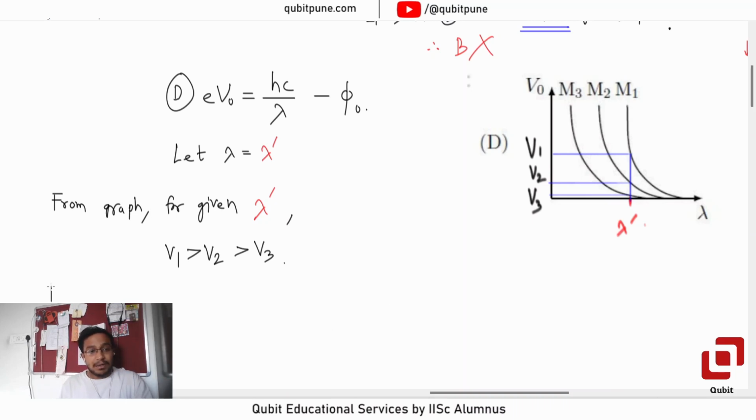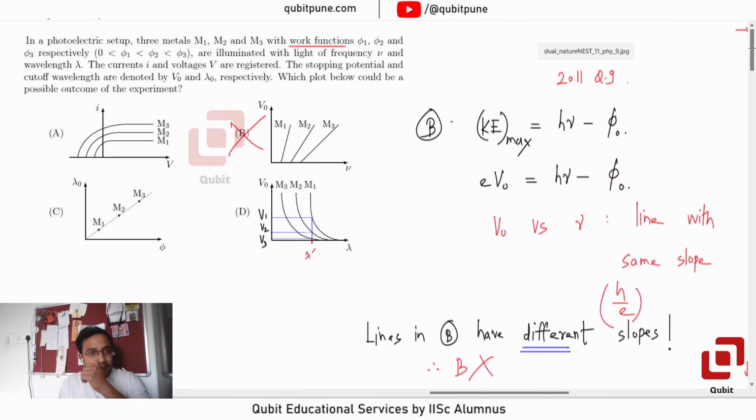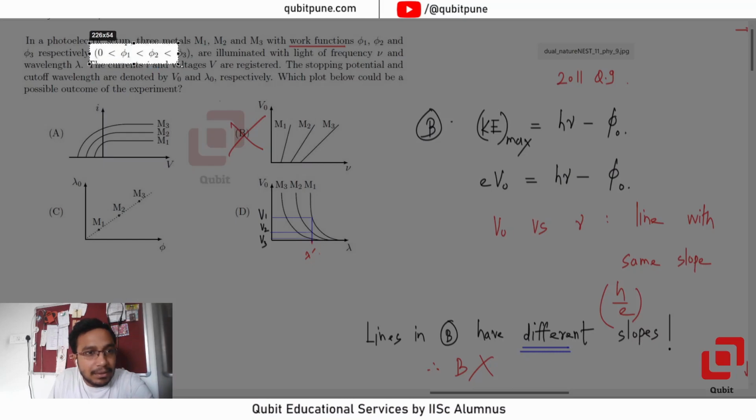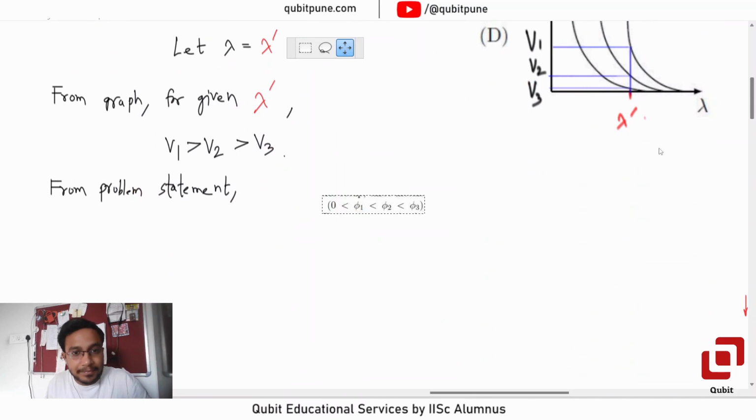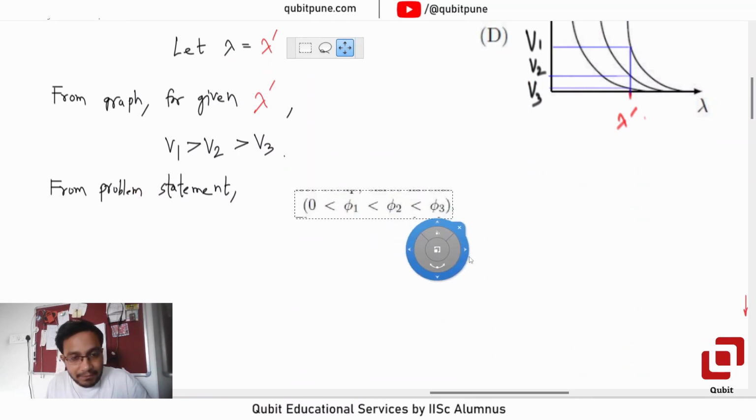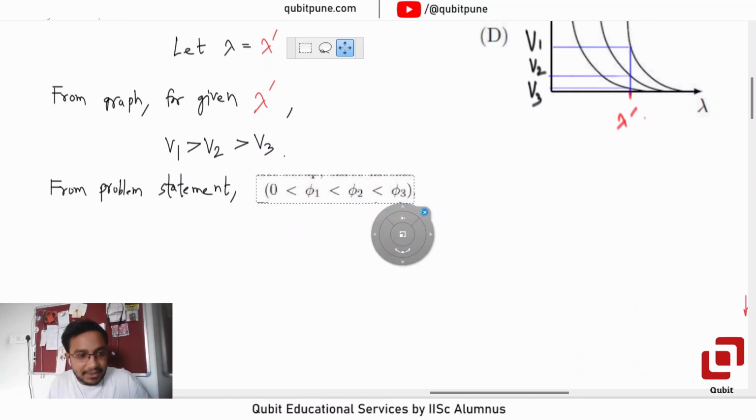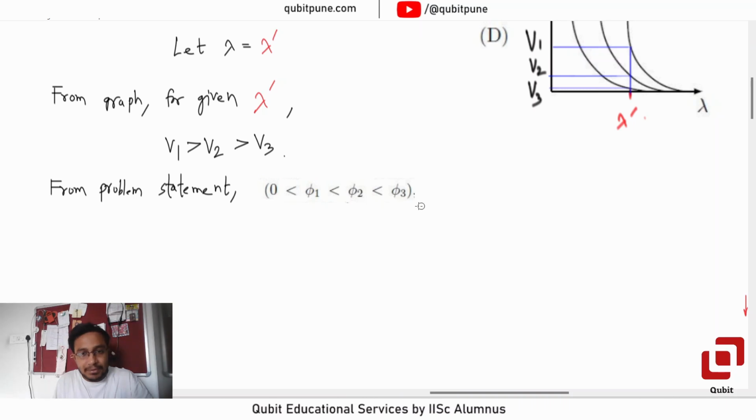But what data do we get from the problem statement? They are saying phi 1 is the least, phi 3 is the greatest. Now we just need to confirm whether the given things agree with what they say.